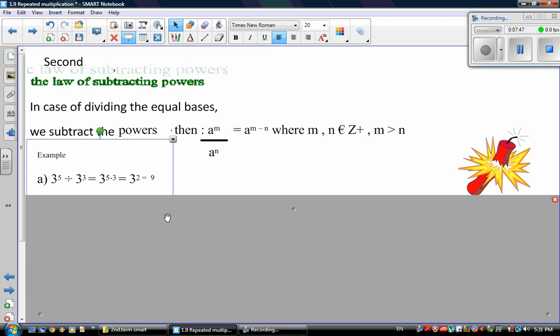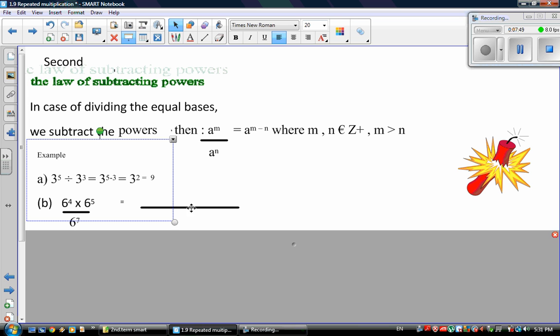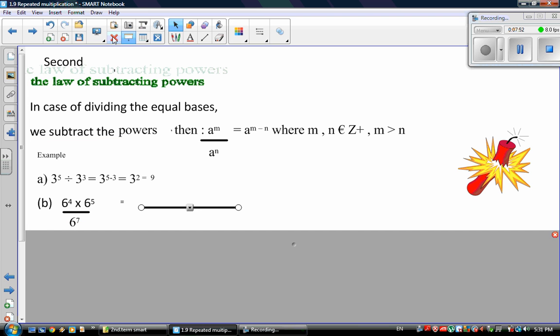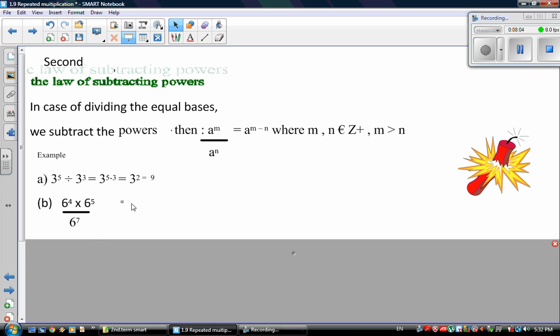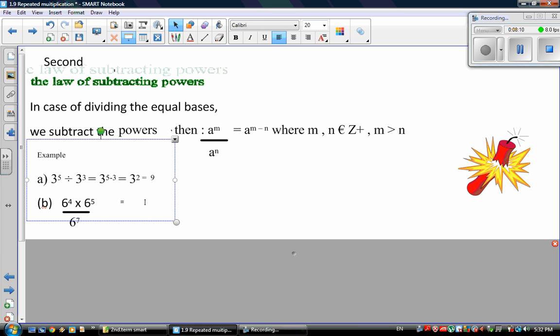Okay, another one. Here, 6 to the power 4 times 6 to the power 5 divided by 6 to the power 7. We are going to multiply first and then divide. So for 6 to the power 4 times 6 to the power 5, the bases are the same, so we write the base and keep it as it is.